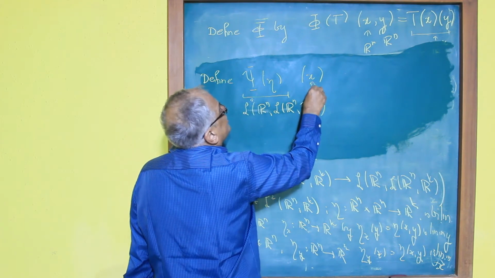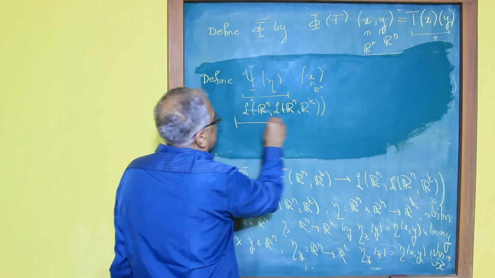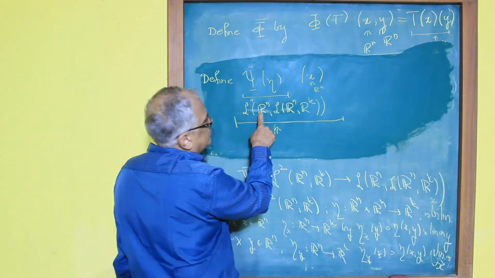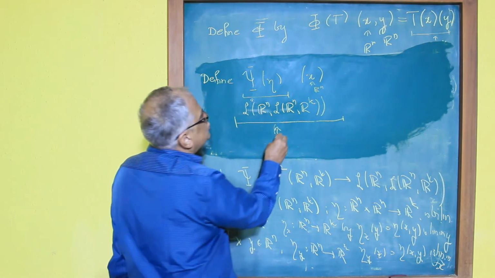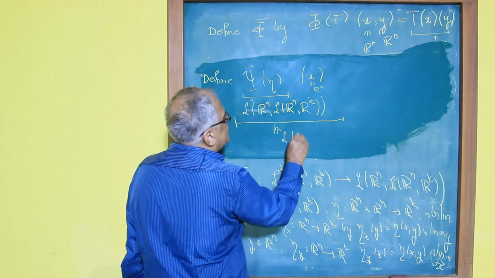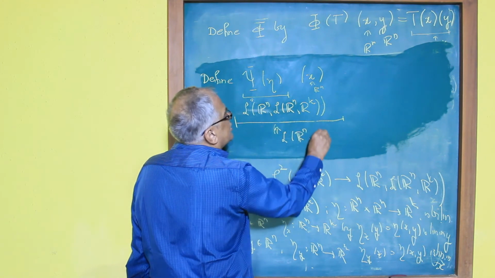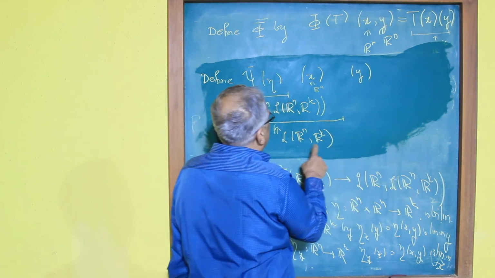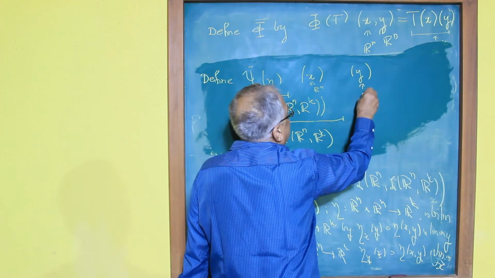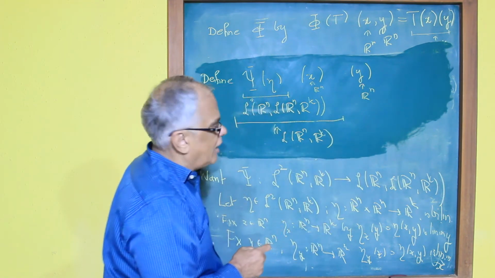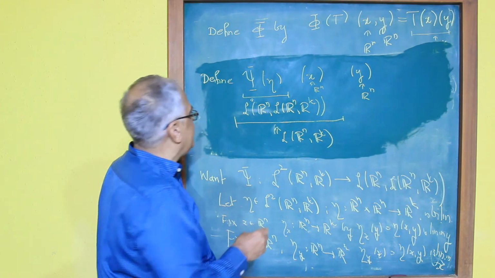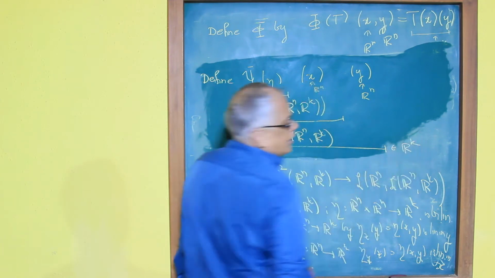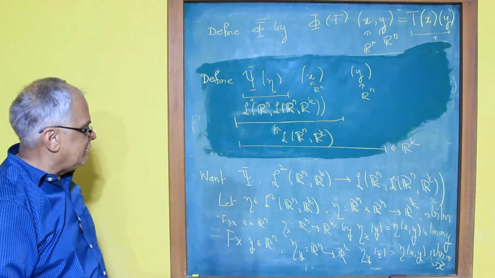Where is x? x is in Rn. Where should psi of eta at x be? x is here. Psi of eta at x should be in linear maps from Rn to Rk. So I evaluate this at y. Where is y? y is in Rn. And where should this whole thing be now? This whole thing should be in Rk.